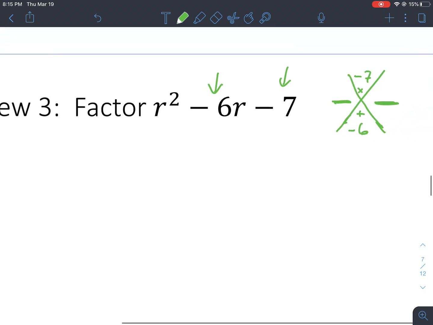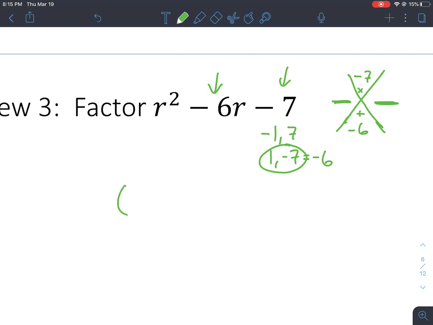So because we're getting a negative when we multiply, that means one of the values has to be positive, one has to be negative. So my options are either -1 and +7 or +1 and -7. If I want it to result in a -6, then that means I want to go with the option of +1 and -7. Those are my 2 factors.